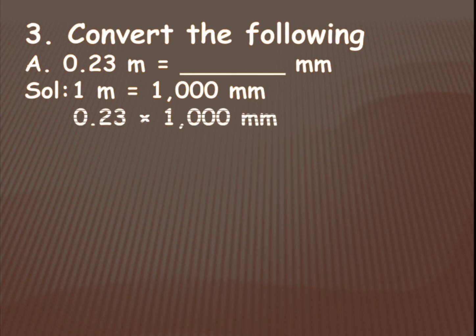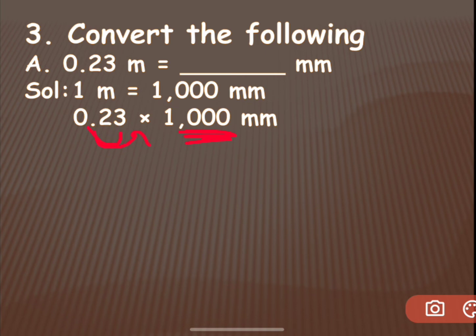So 0.23 into 1000. And when we were doing the decimals, we have learned that when we are multiplying with the zeros, just move the decimal to the number of zeros. So here you have 3 zeros.